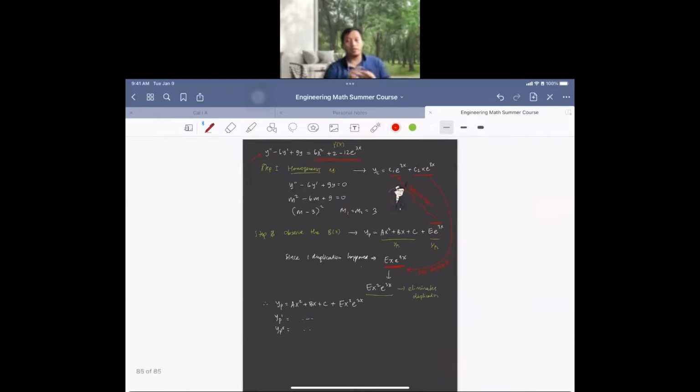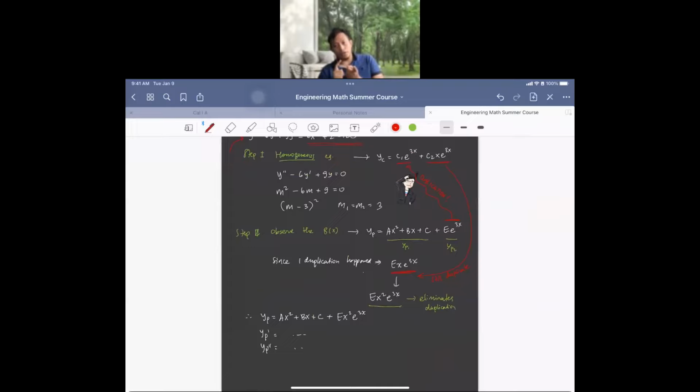So at least we have two cases. Okay, the case when there is no duplication. The second case is when duplication happens. And again, whenever you see duplication, usually it happens when you have the exponent, because the exponent is the most frequent function in a DE.